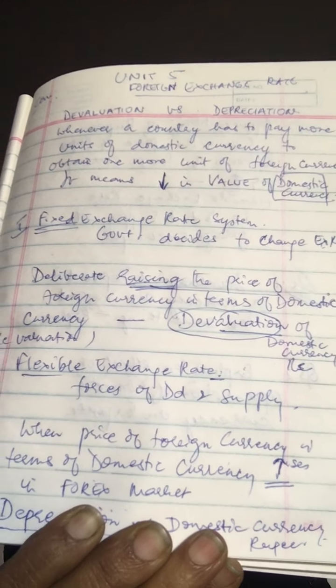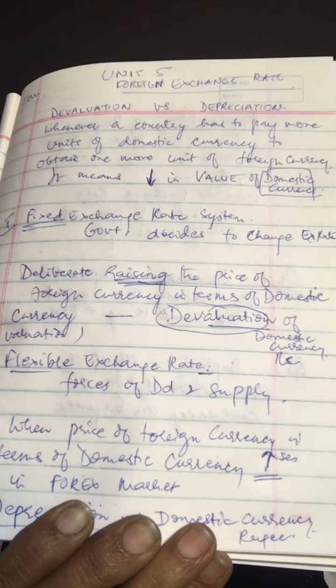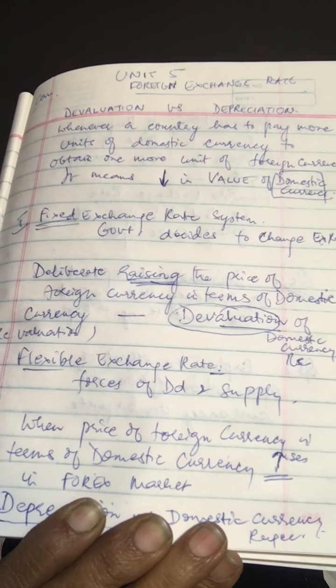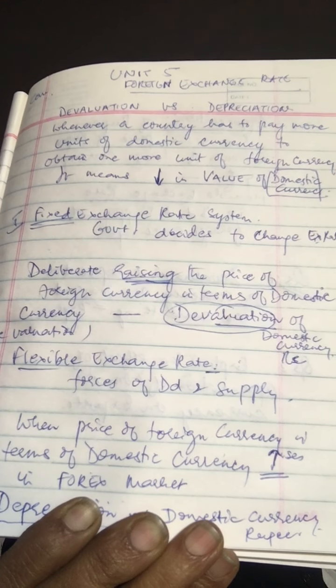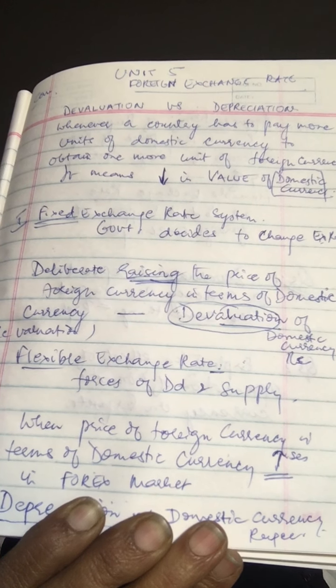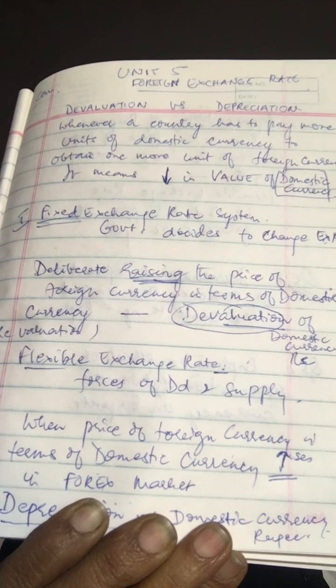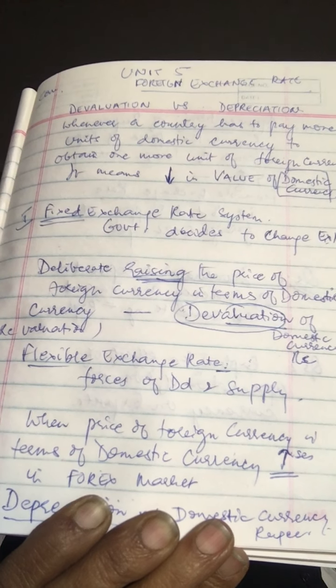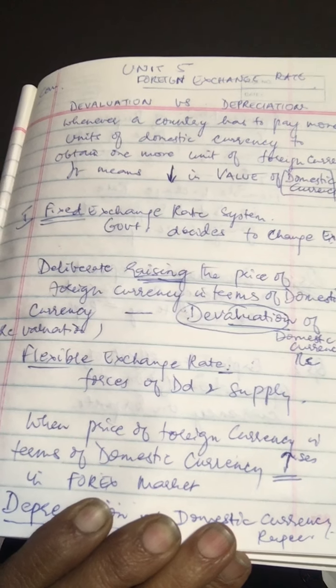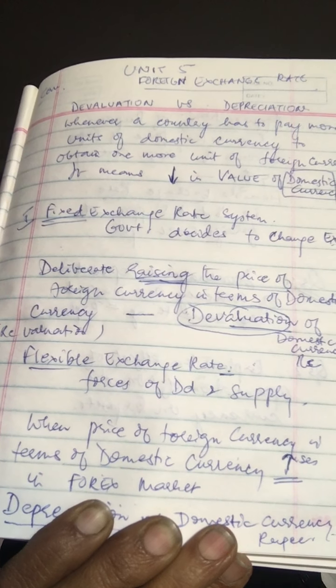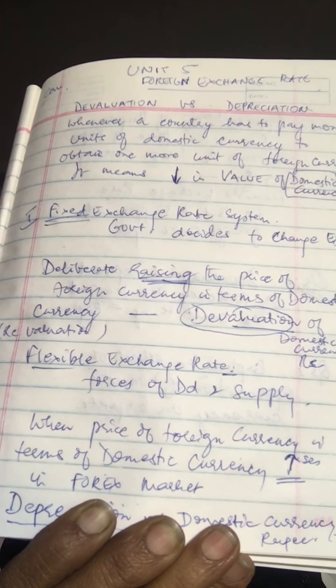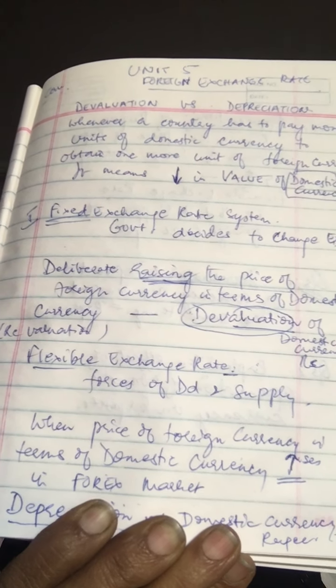Now we will talk about revaluation and appreciation. So what is revaluation? Revaluation is again by the government under the fixed exchange rate system. It implies an increase in the external value of domestic currency in terms of all foreign currencies by the government.